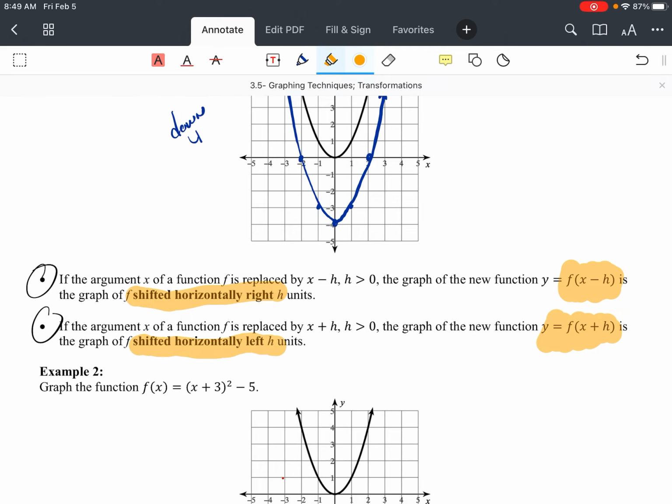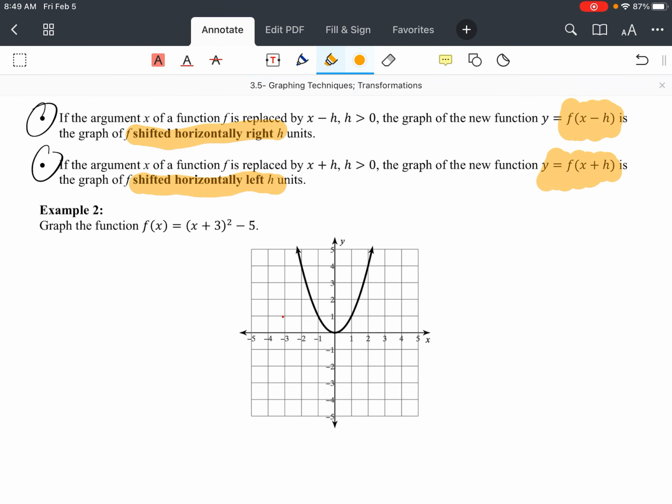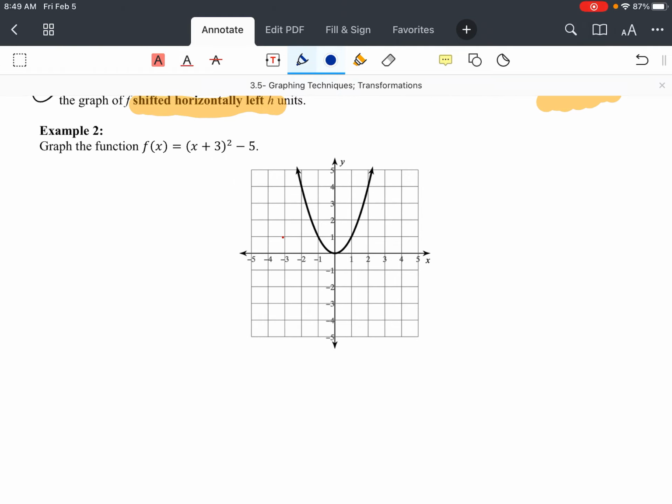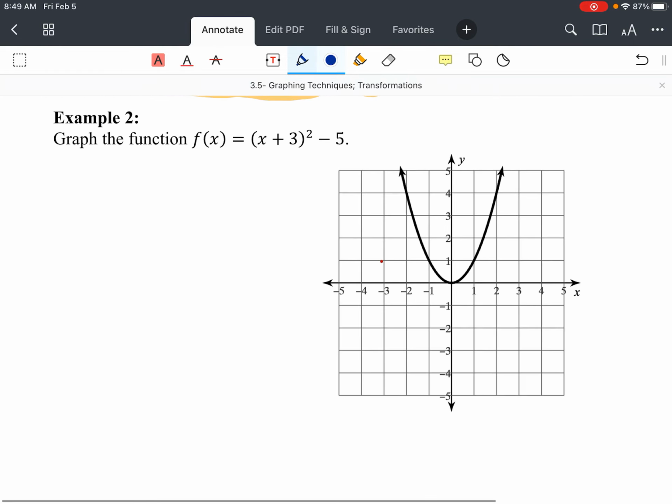The function will be shifted to the left h units if we're adding h to the function. Using this information, I'm going to graph this function using vertical and horizontal shifts. This is the last thing we're going to do in this video, which is, again, a two-part video.